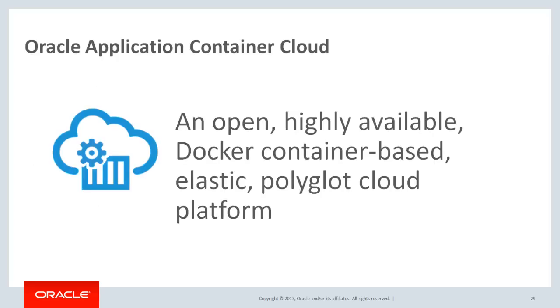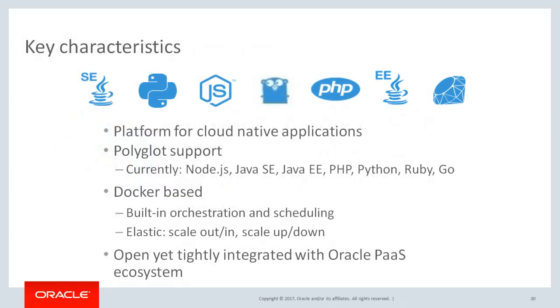Now here is a buzzword compliant introduction to Oracle Application Container Cloud. I'll let you soak this in and expand upon some of these points in the upcoming slides. Oracle Application Container Cloud is built to deploy and run 12-factor style cloud native applications and microservices.